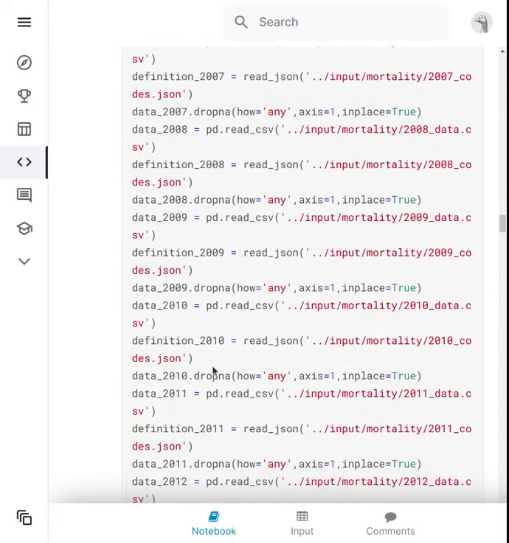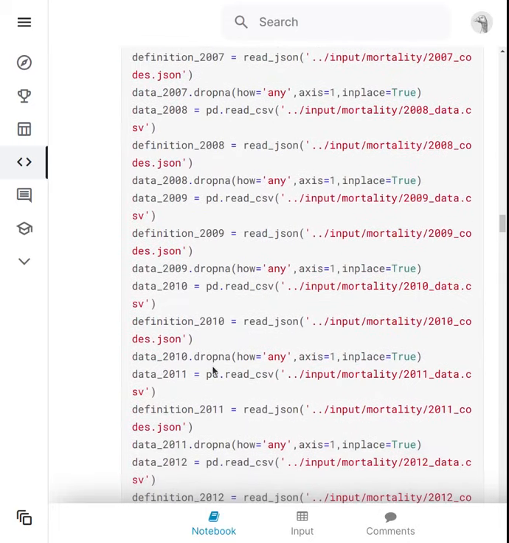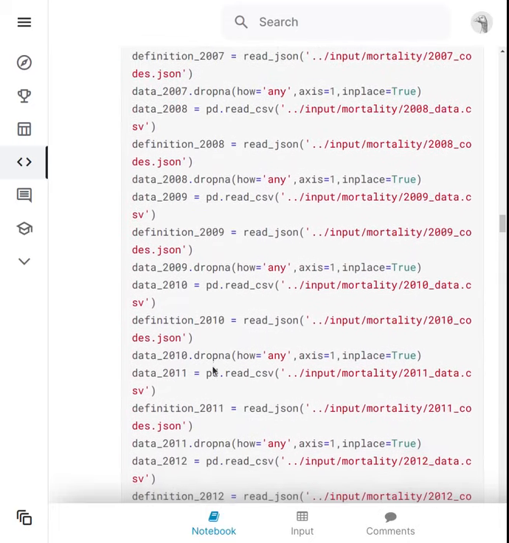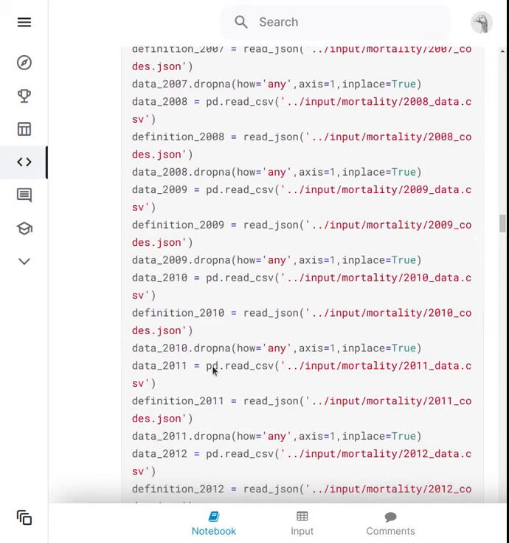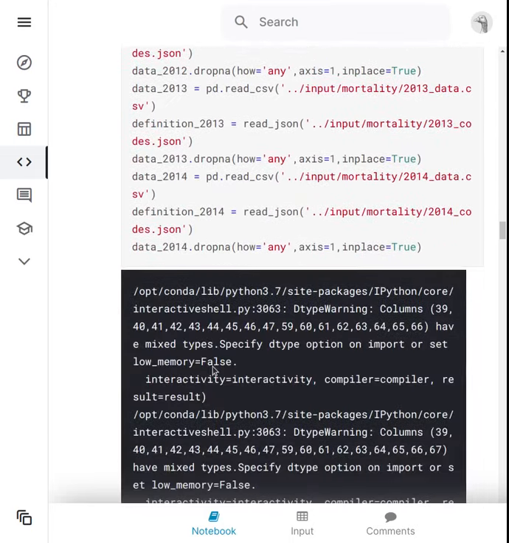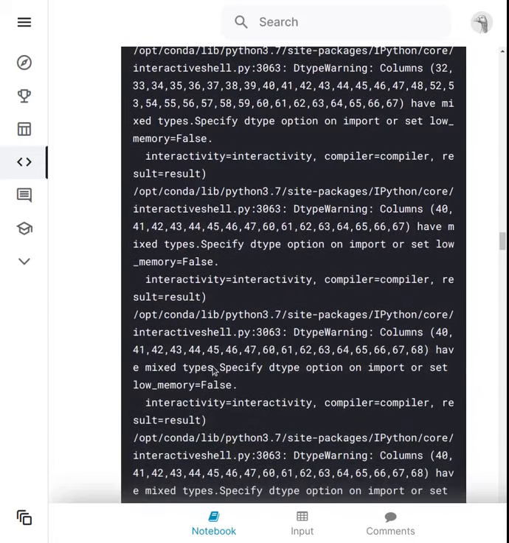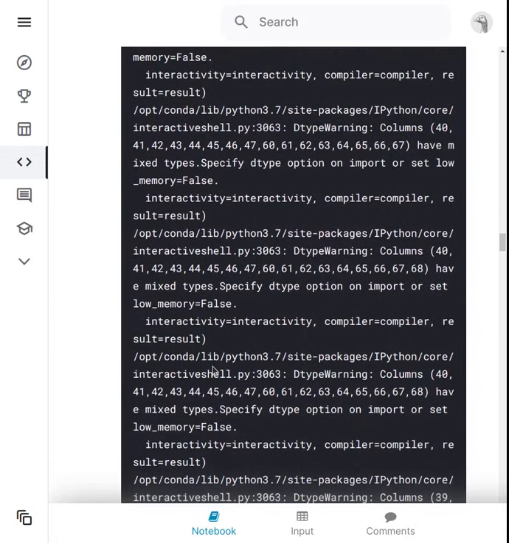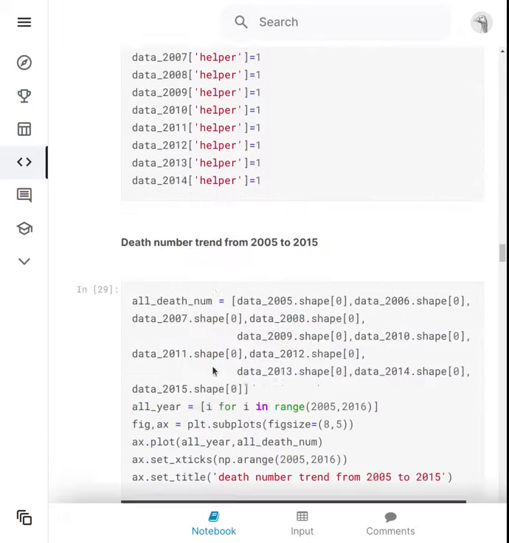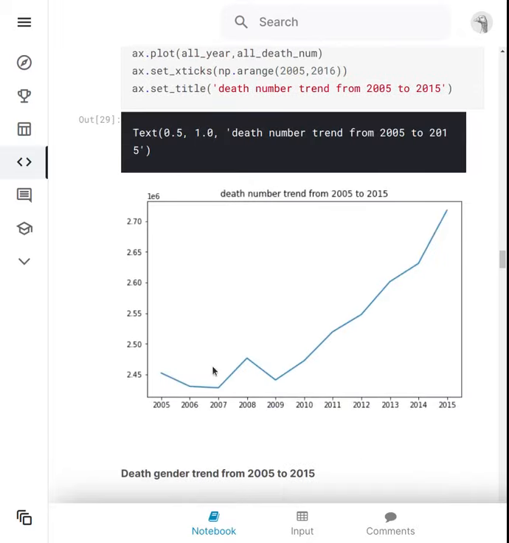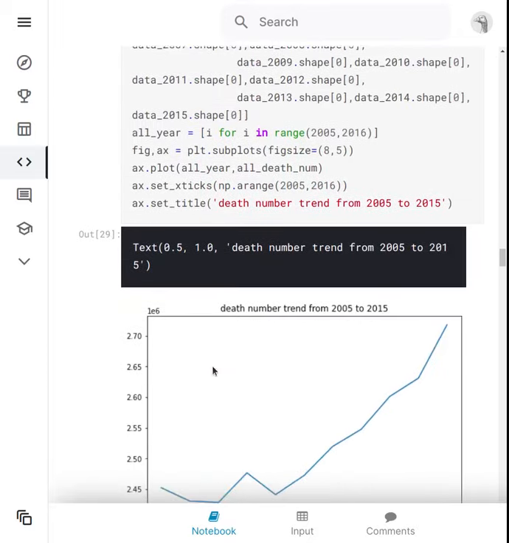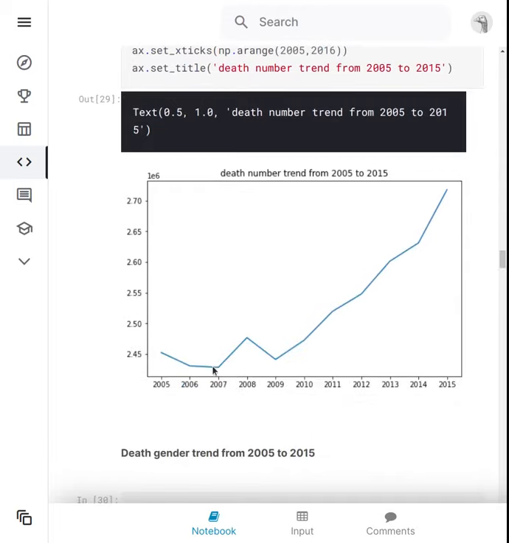For this section, we look at the death trend from 2005 till 2015. For this, first we are cleaning the data and visualizing it. In this, first we see the death number trend from 2005 to 2015. We can see it has increased.